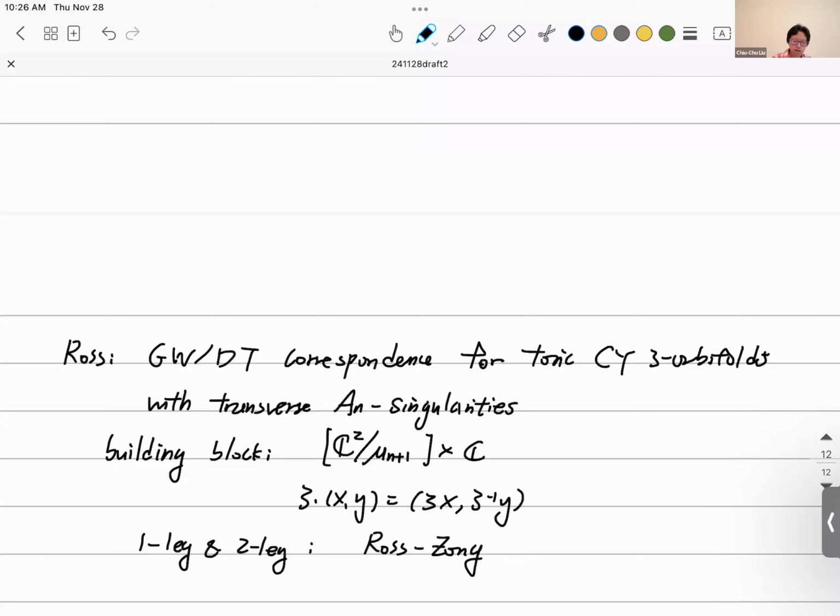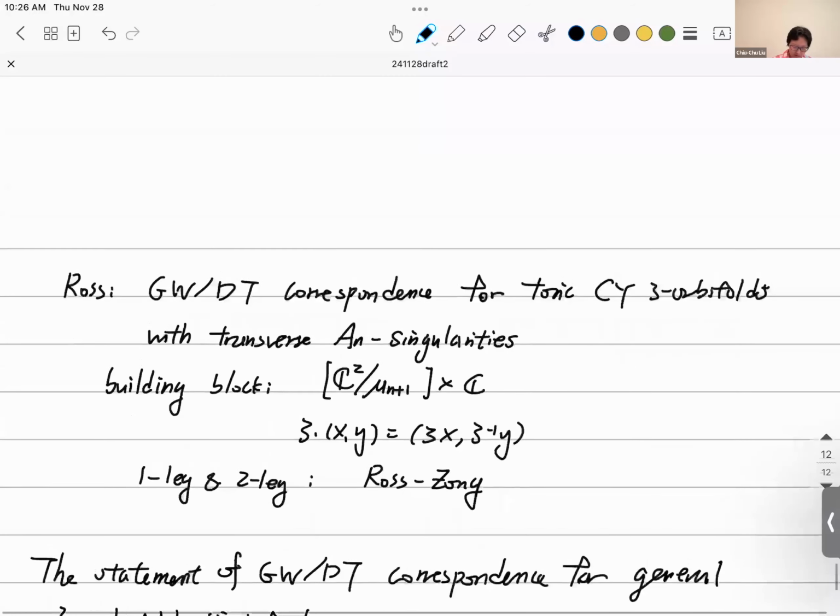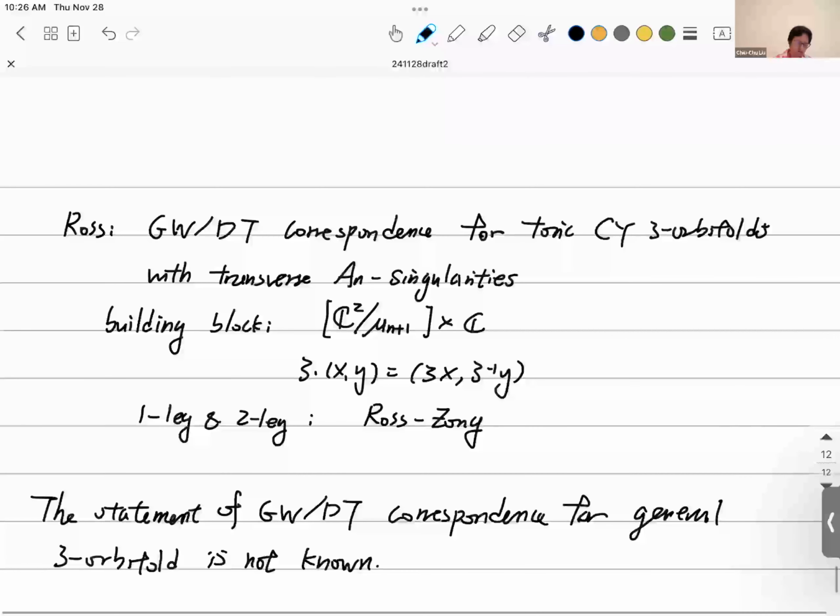And the full 3-leg case was proved by Dusty Ross. So this is the status for more general toric Calabi-Yau 3-orbifolds. I think right now it's not even known what the statement looks like. It should be much more complicated than the smooth case.